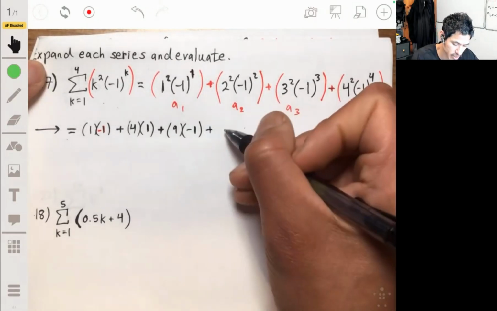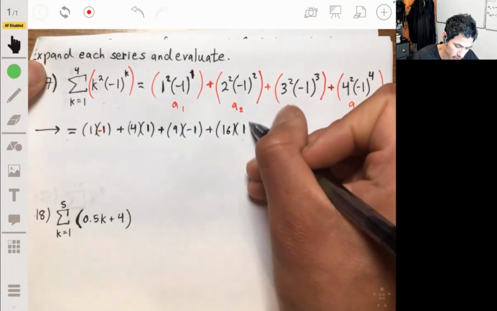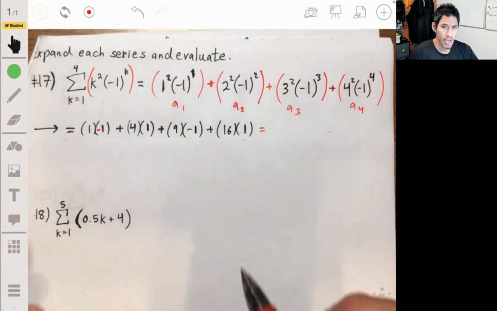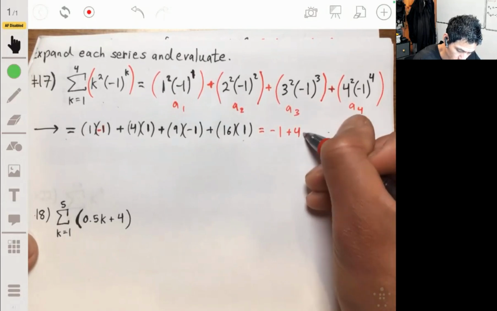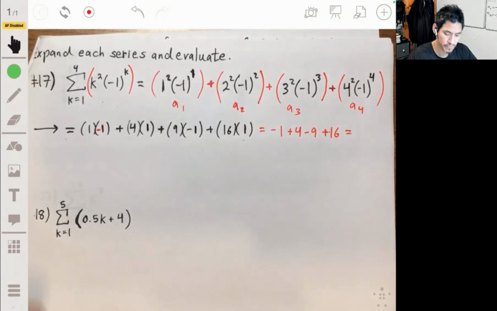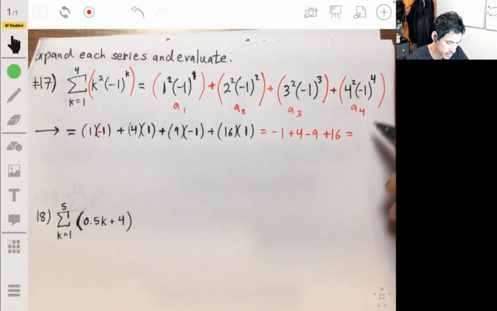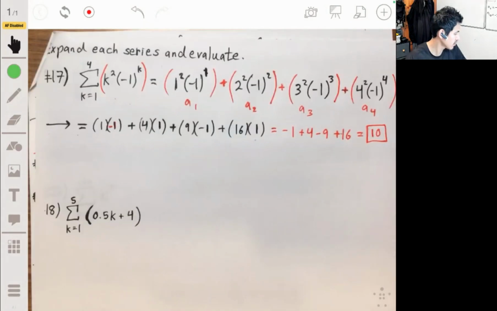For a4, we do 4 squared, 16, times -1 to the 4th, which will be +1. When we add these all up, we'll get -1 plus 4 minus 9 plus 16. 3, -6 plus 16 will get 10.